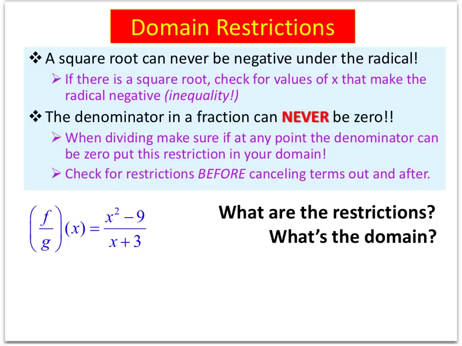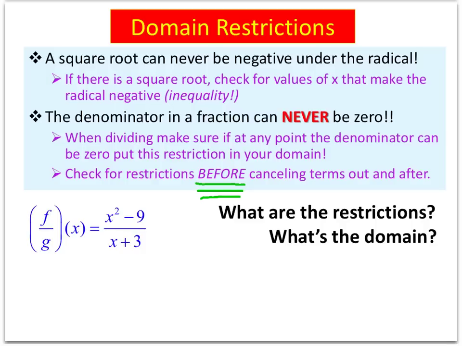Now when I'm talking about quotients, I just am not allowed to have the denominator equal to 0. So we're going to be setting the denominator equal to 0 and looking at those x values that make it equal to 0. Now it's also important, this is super, super important, to check for restrictions before you start dividing and canceling out terms.